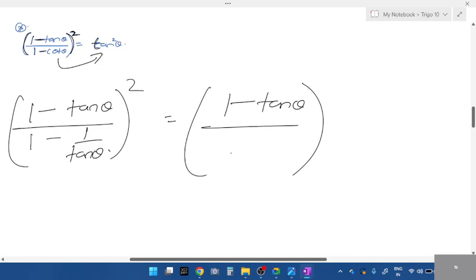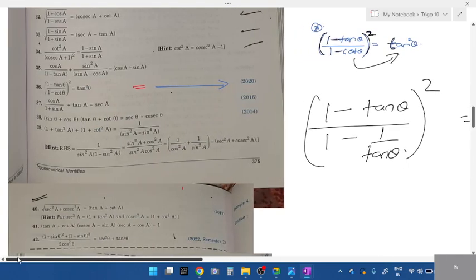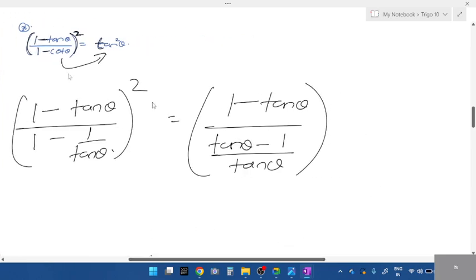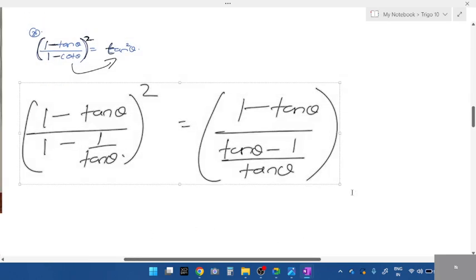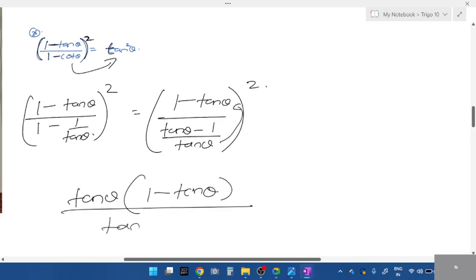After taking LCM, what you'll get? 1 minus tan square theta, whole square. This tan theta you can shift to the top: tan theta into (1 minus tan theta) divided by (tan theta minus 1) the whole square.